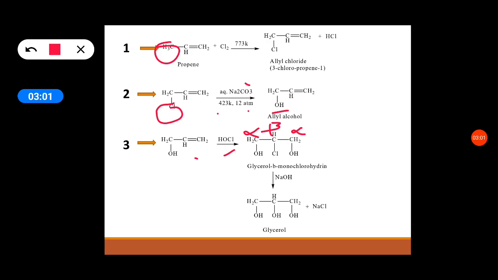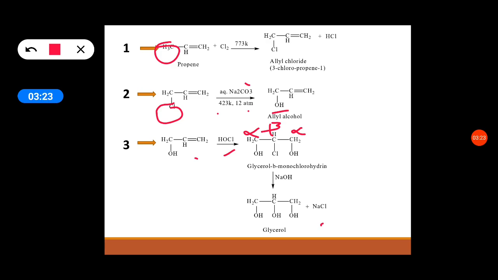The beta carbon bears a chloride group, and an OH group is also present. So it is a chlorohydrin. Glycerol beta monochlorohydrin is obtained. This, on treating with sodium hydroxide, gives glycerol.